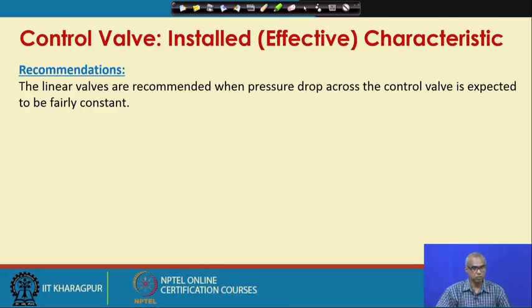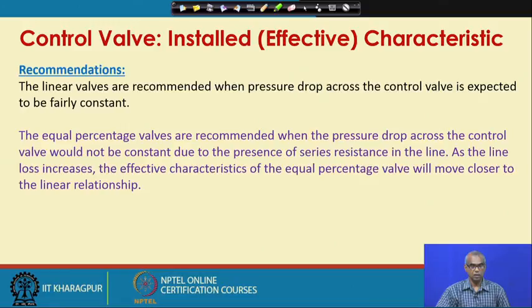Here are some recommendations. The linear valves are recommended when pressure drop across the control valve is expected to be fairly constant. The equal percentage valves are recommended when the pressure drop across the control valve would not be constant due to the presence of series resistance in the line.